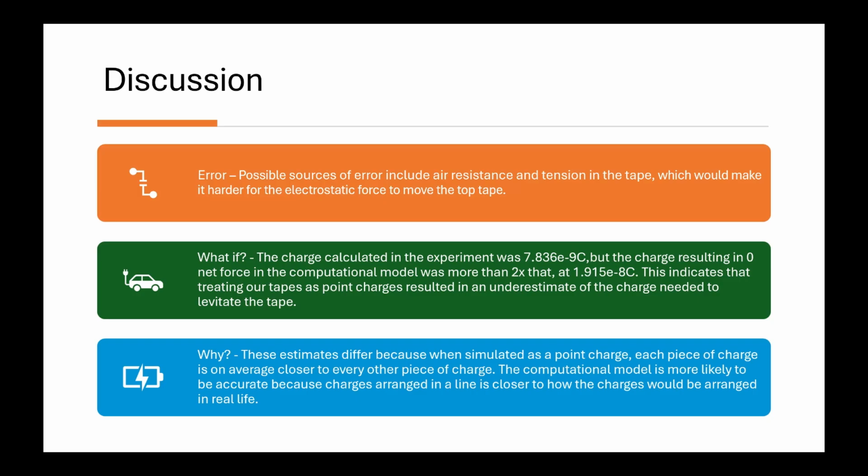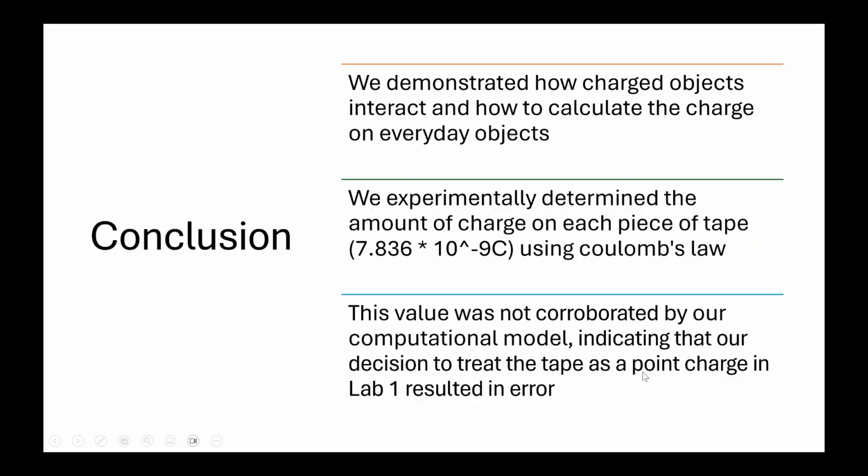These estimates differ because when simulated as a point charge, the charges are on average closer together. The computational model is more likely to be accurate because the charges are arranged on a line, which is closer to how they're arranged in real life.